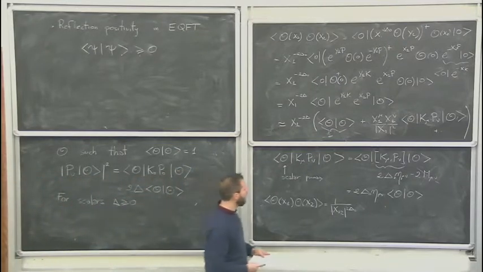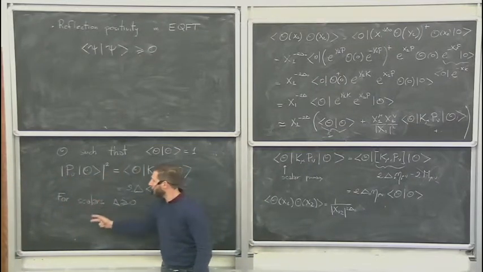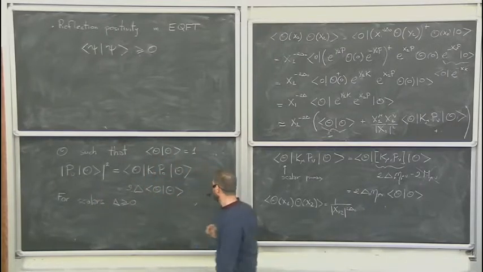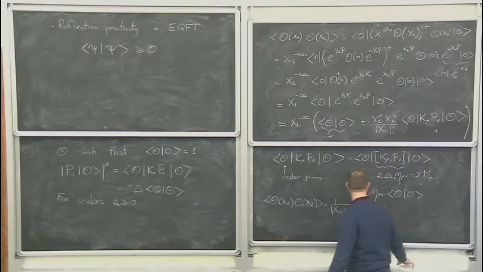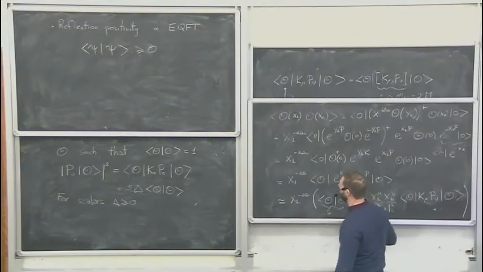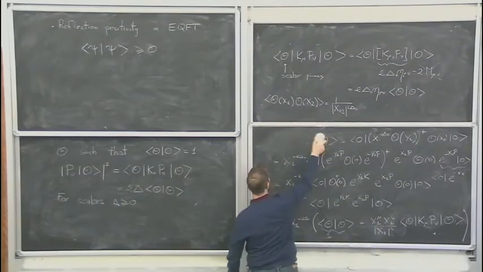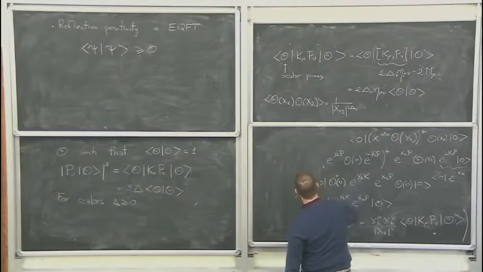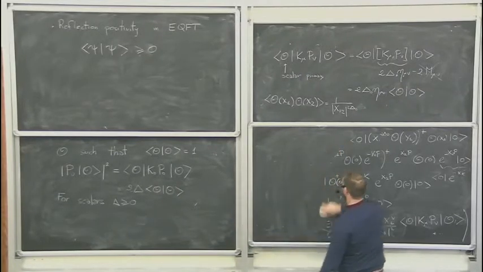Okay? And now I would like to repeat the same logic, but for generic operators. So there is some group theory involved, but it's not a big deal. And interestingly enough, it's just a generalization of this argument.